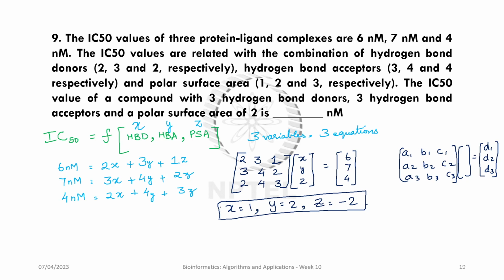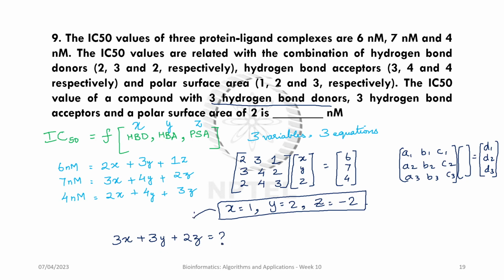Now the question asks the IC50 value of a compound with 3 hydrogen bond donors, so HBD will be X, 3X, plus 3 hydrogen bond acceptors, 3Y, plus a polar surface area of 2Z is equal to what?